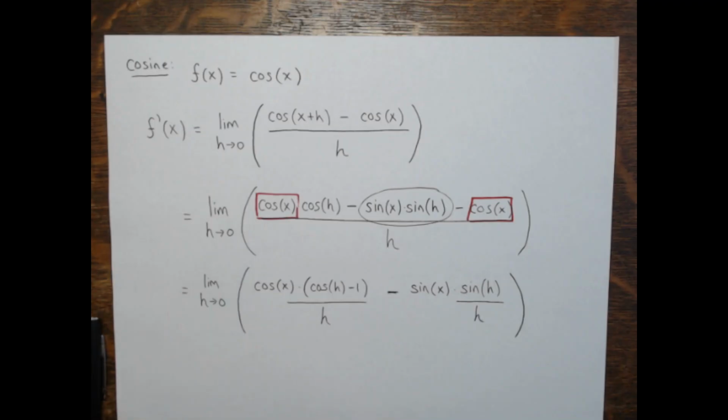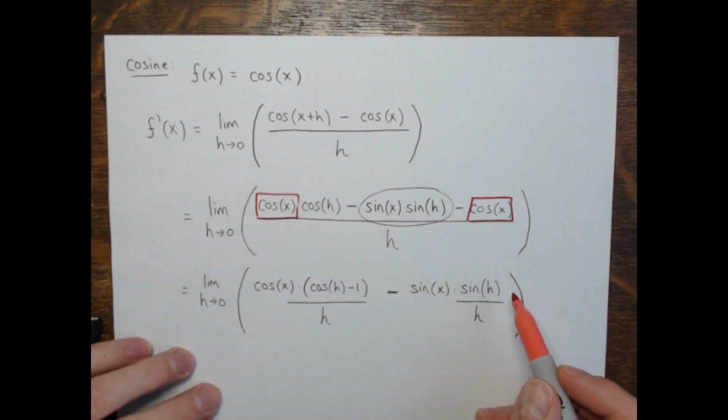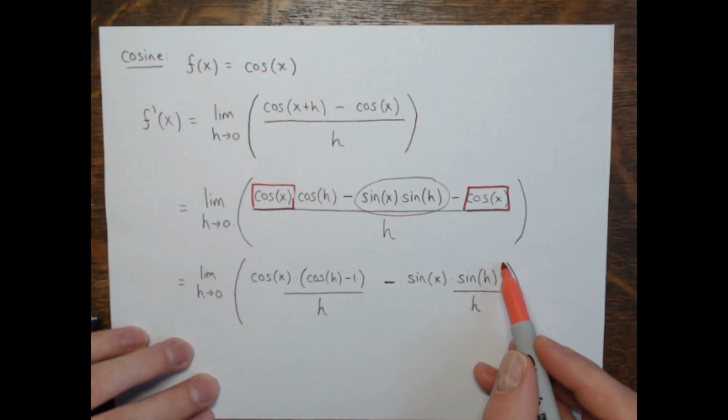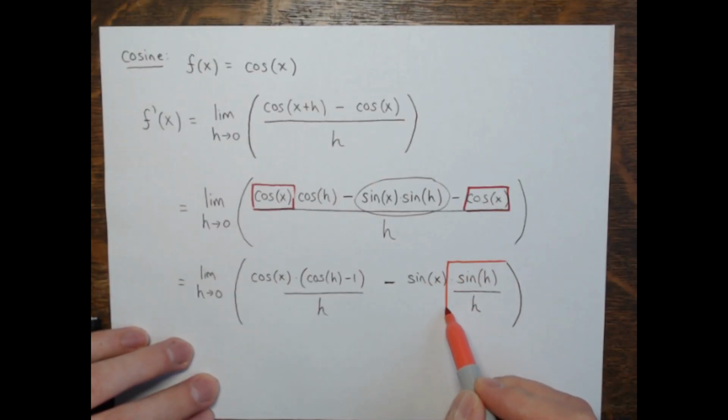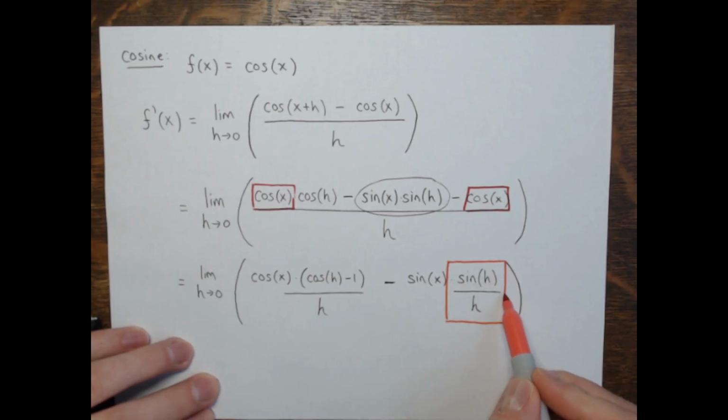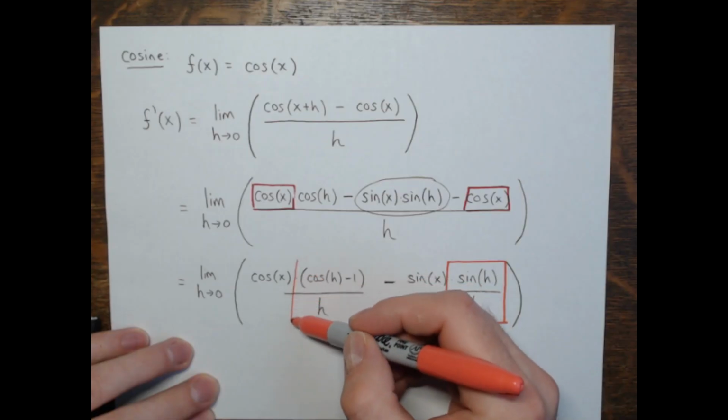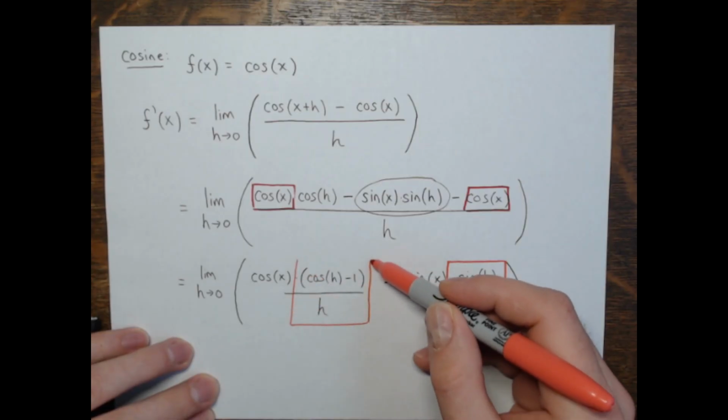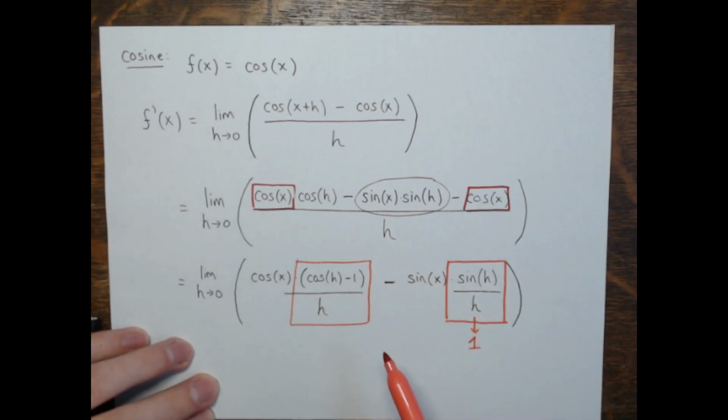And then you see some pretty familiar stuff, just like in the derivative of the sine function earlier. I see this sine of h divided by h. h is approaching 0, so that will be approaching 1, or have a limiting value of 1. And then this first term has a factor of this cosine h minus 1 divided by h.